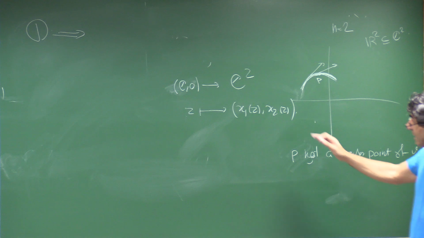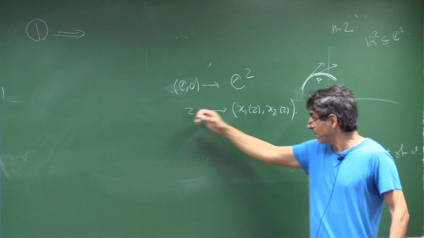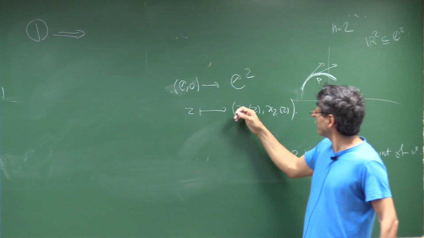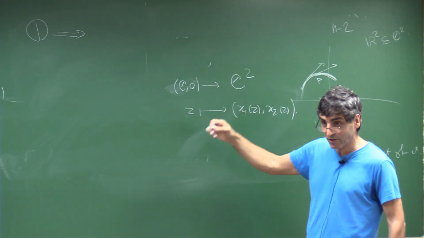There are two options. Either you say that the image of this map is algebraic, or you say that X1 as a function of Z is algebraic and X2 as a function of Z is algebraic.